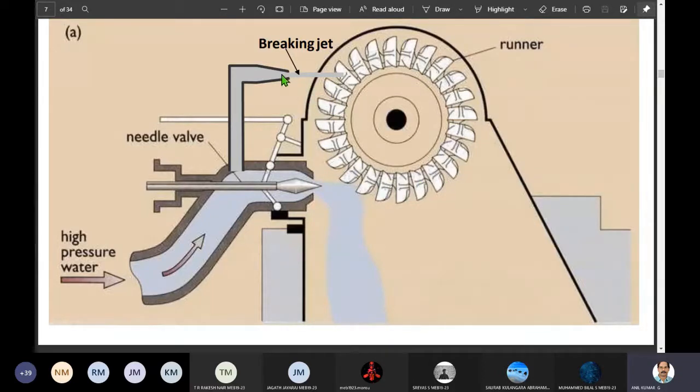If the jet is striking here, the runner will rotate in the anti-clockwise direction, but the braking jet will produce a torque in the clockwise direction. That means it will act as a braking torque. So the turbine runner rotates in the anti-clockwise direction, and the braking torque is provided in the clockwise direction. So it can be stopped abruptly if you want, in case of requirement.